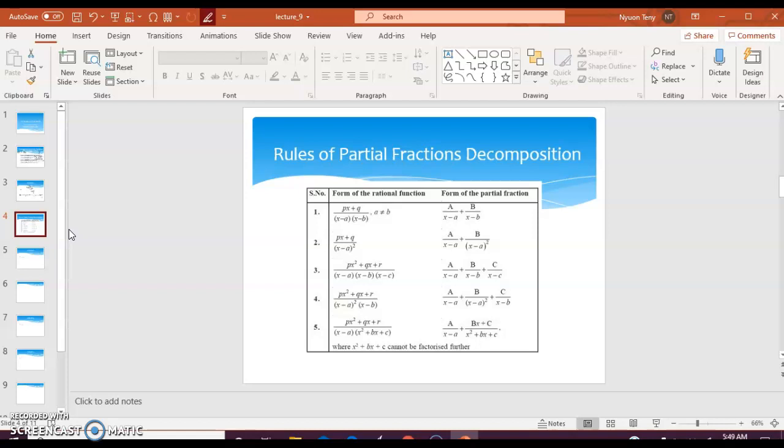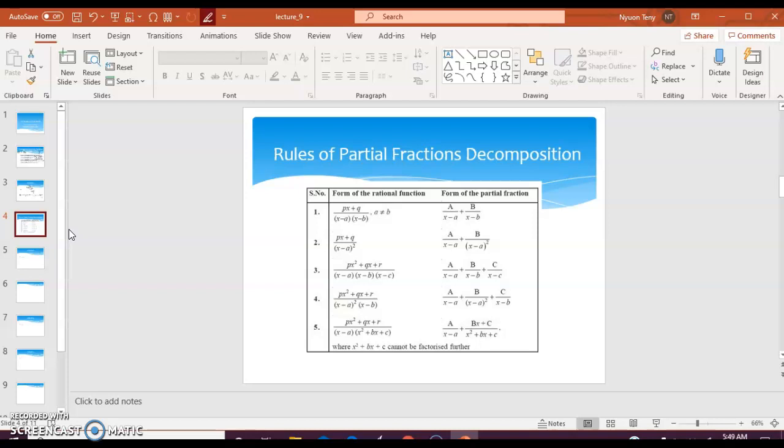Just like we mentioned in our second slide, if I have a rational function whose denominator has two distinct factors, or three distinct factors like this one, my decomposition would look like this: A over x minus a plus B over x minus b.